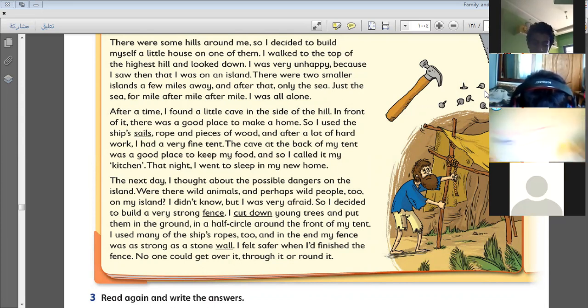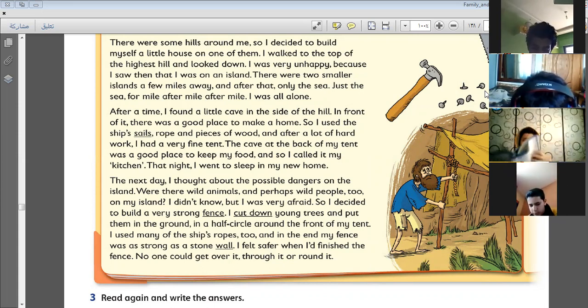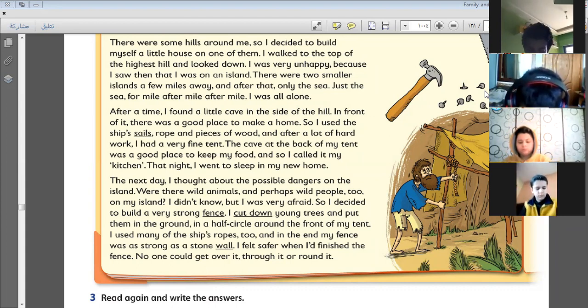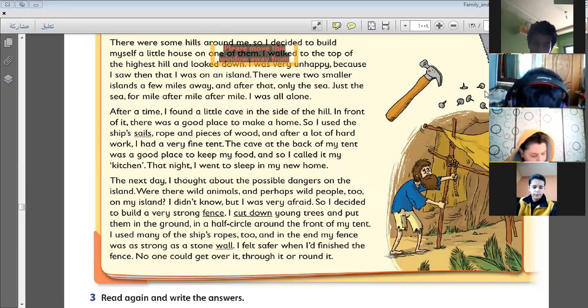I cut down young trees and put them in the ground in a half circle around the front of my tent. I also used many of the ship's ropes too, and in the end my fence was as strong as a stone wall. I felt safer when I had finished the fence. No one could get over it, through it, or round it.